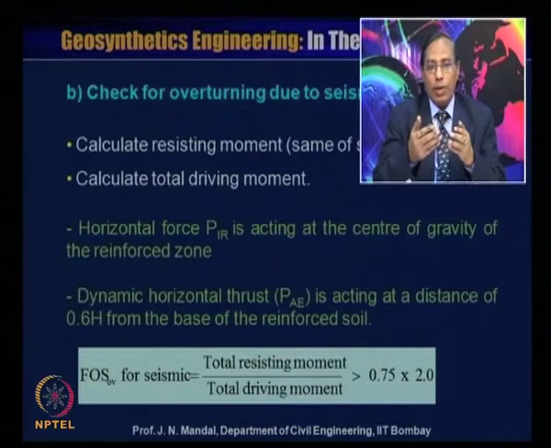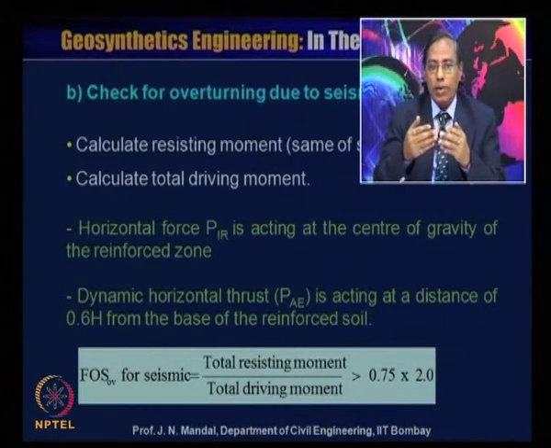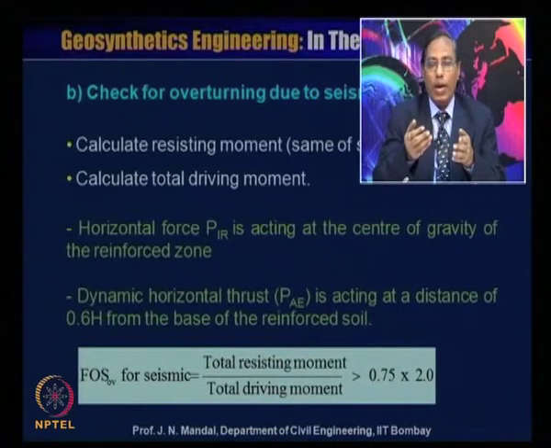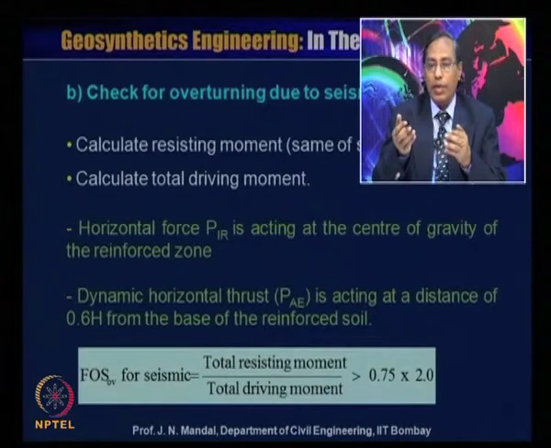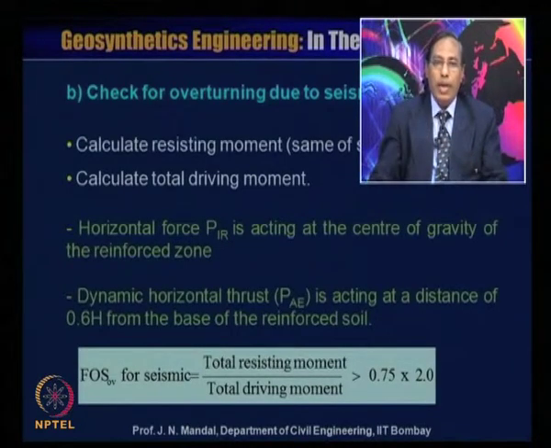So you check the factor of safety against overturning due to seismic, which is equal to the total resisting moment divided by the total driving moment, and that should be greater than 0.75 into the static factor of safety against overturning, which is 2. So it should satisfy the criterion for factor of safety against overturning due to seismic effect.